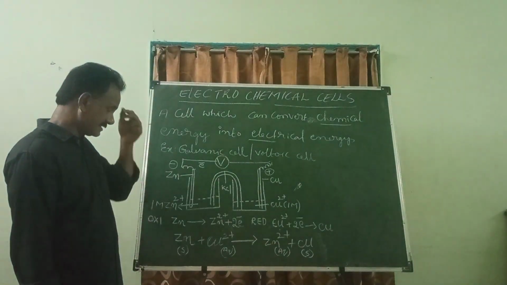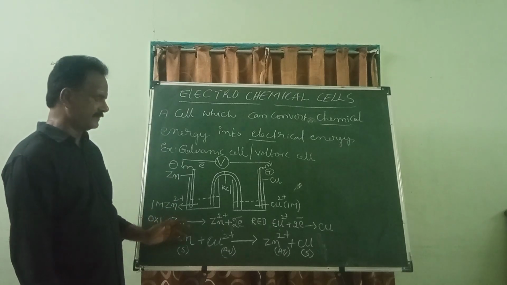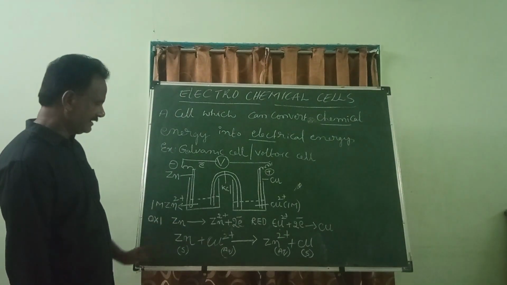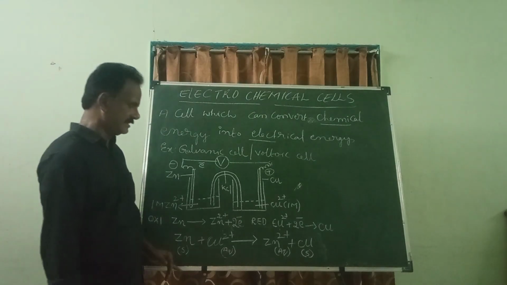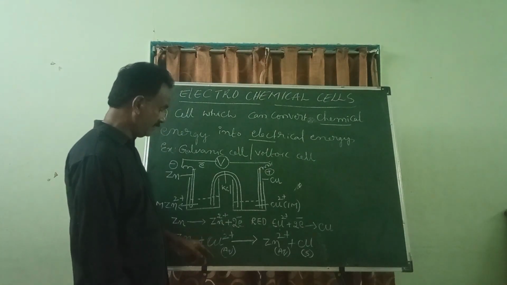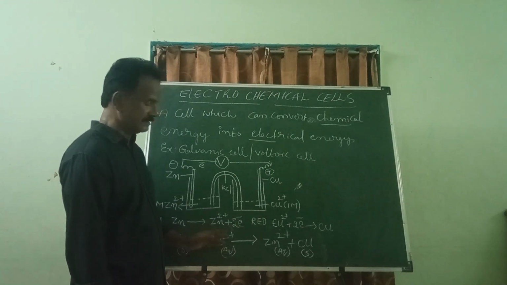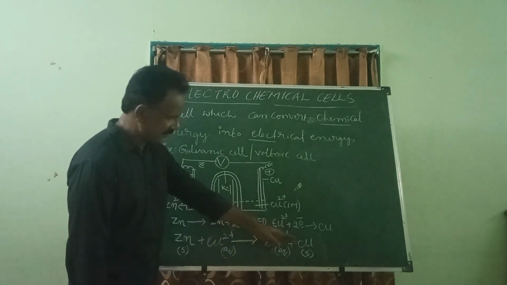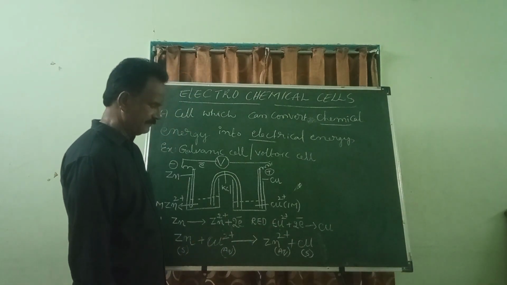Let us discuss the physical states of the species present in the net reaction. Here zinc is in solid state, Cu2+ is in aqueous solution state, Zn2+ is aqueous again and Cu is in solid state again.